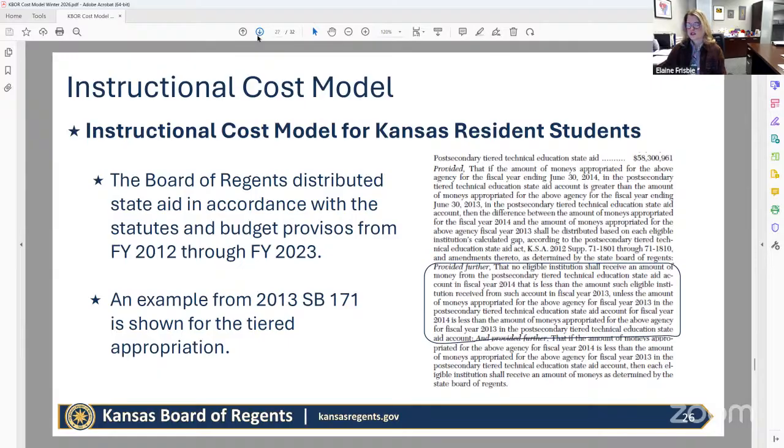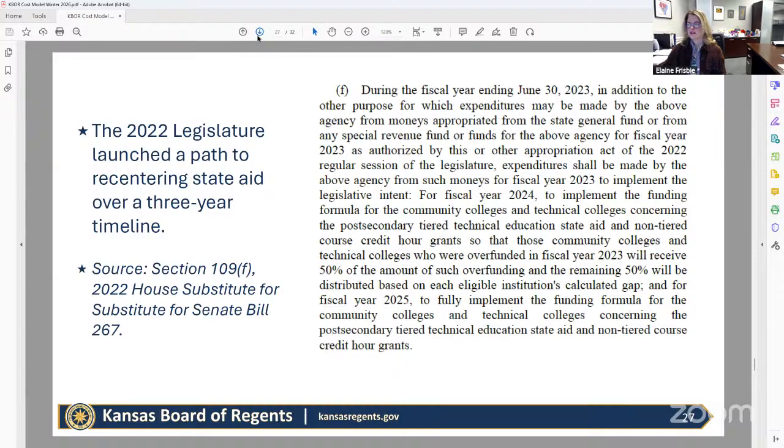In 2022, now we're almost four years in, we're three years in, the 2022 legislature launched a new path to fully adopting the cost model for purposes of state aid. So in the appropriation bill, they did hold harmless that first year. We had a three-year movement toward adopting the cost model.